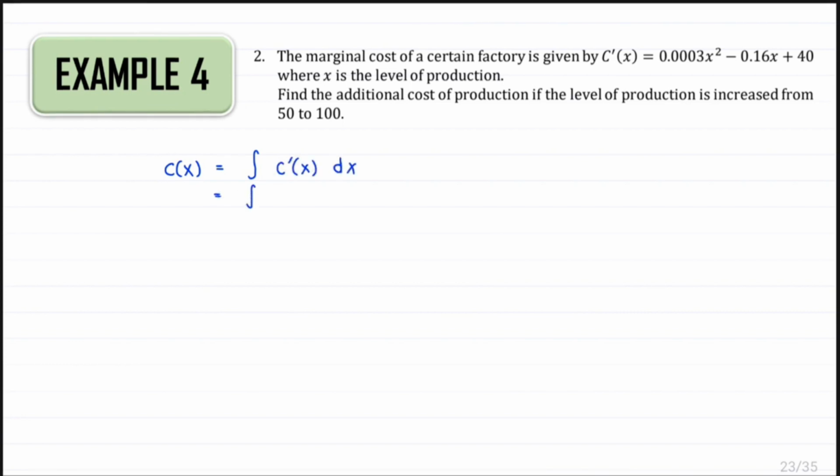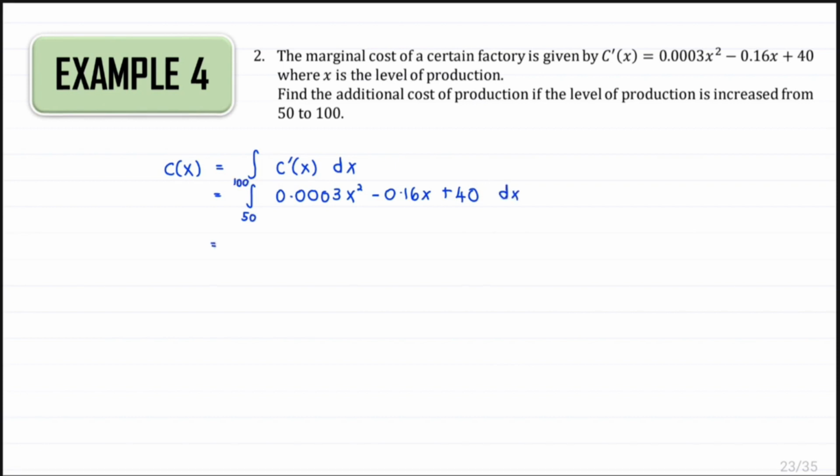So we integrate 0.0003x² minus 0.16x plus 40. We want to find the additional cost increase from 50 to 100, so we put the integration limits from 50 to 100.